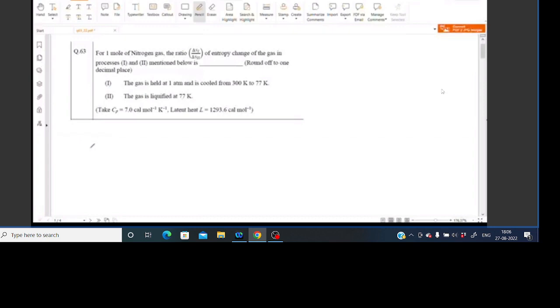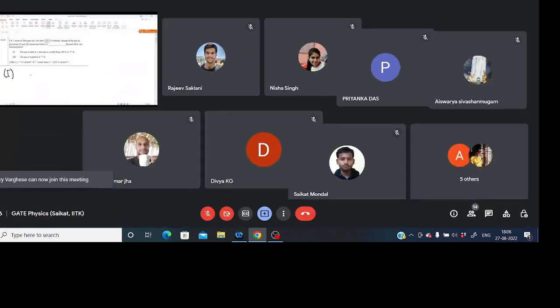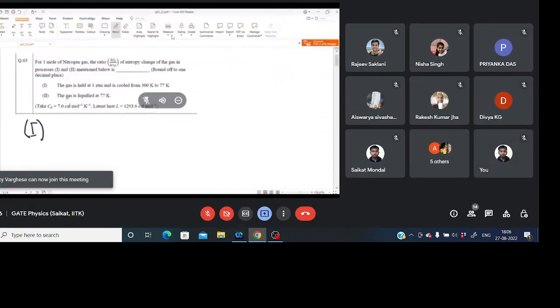First we'll focus on process 1. In process 1 the gas is held at 1 atm pressure. So the pressure of the gas is constant during this process.